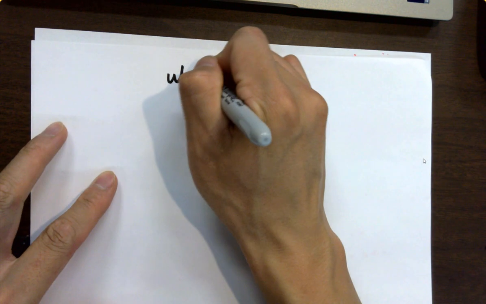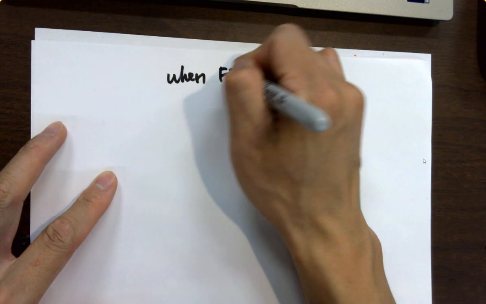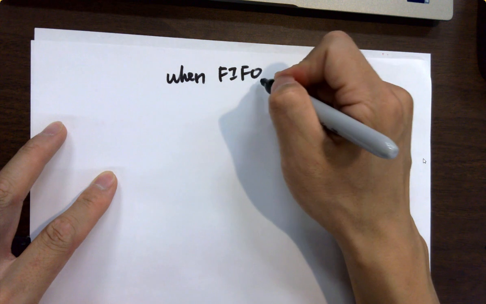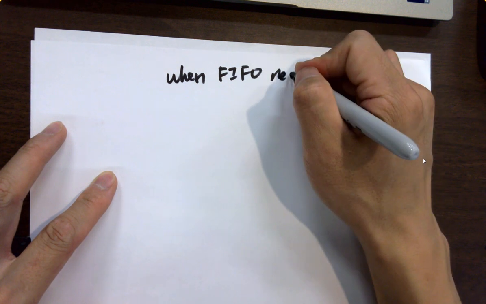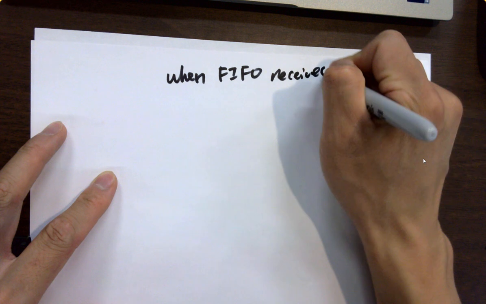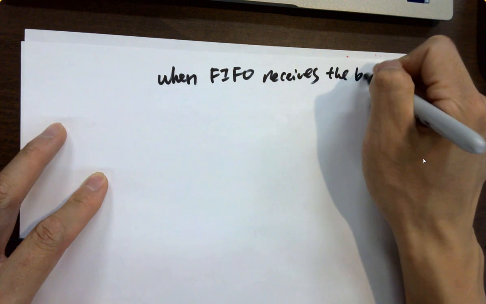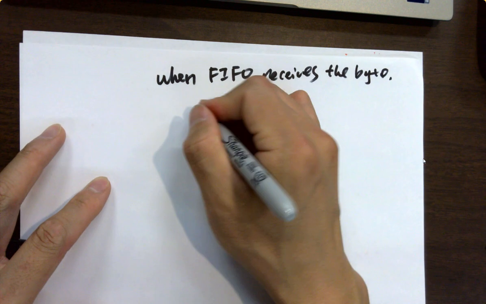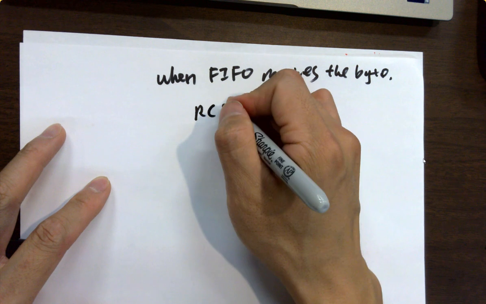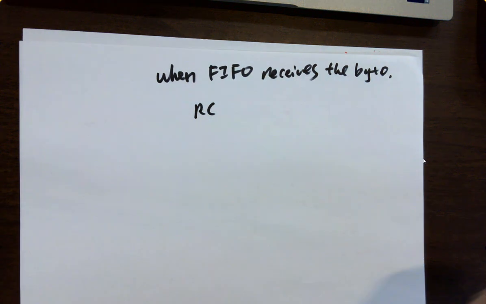No, it's actually page 4. So when FIFO, first in, first out, receives the byte, RC, that's the name of the flag.